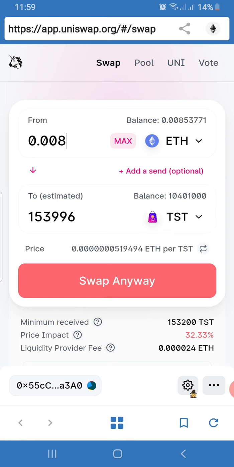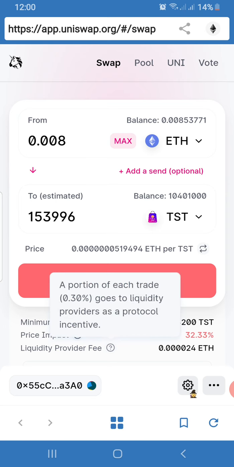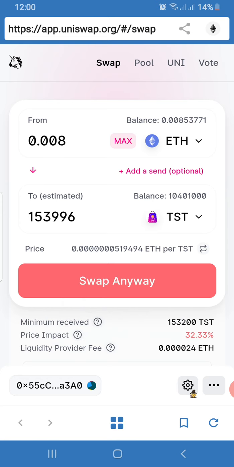slippage on price. Then you also see here the liquidity provider fee. Let me click on this: a portion of each 0.30% goes to liquidity providers as protocol incentive. So you see that this 0.000024 Ether will be deducted from the transaction fee, and it goes to the TST liquidity pool smart contract.